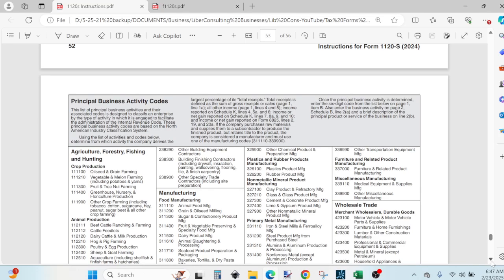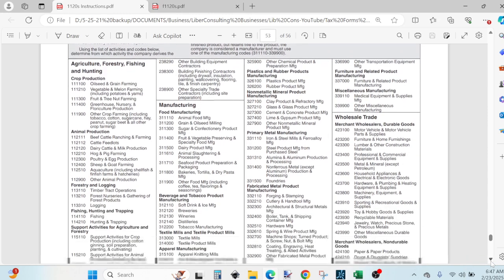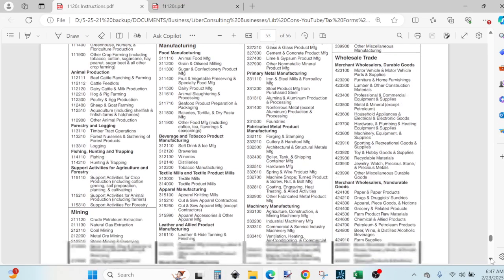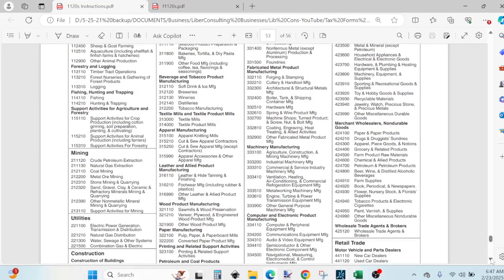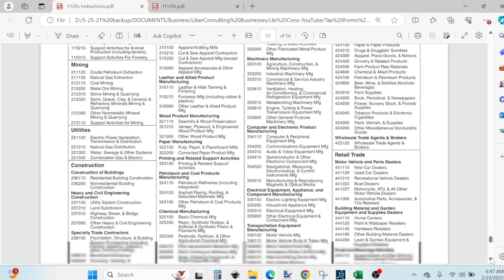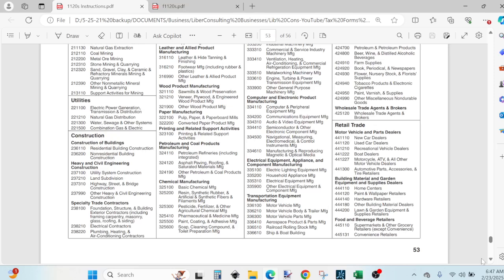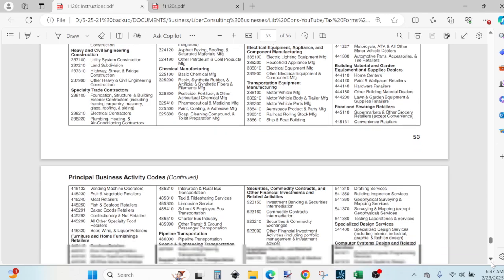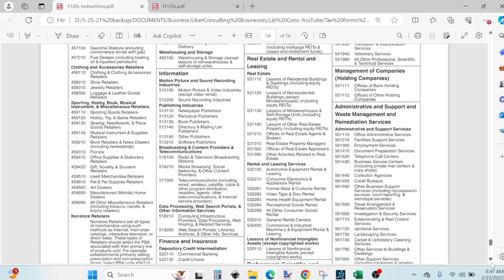In fact, they changed those, and they will have instructions somewhere here as well, but you can scroll down, and I think even as a business owner that operates online, you will choose a business number here that is related to that business, whether it is a brick and mortar or online. But we can scroll down. So you have retail here. So if you are a retailer, you sell to the direct users of your products, you'll be under retail. So you can scroll through it.